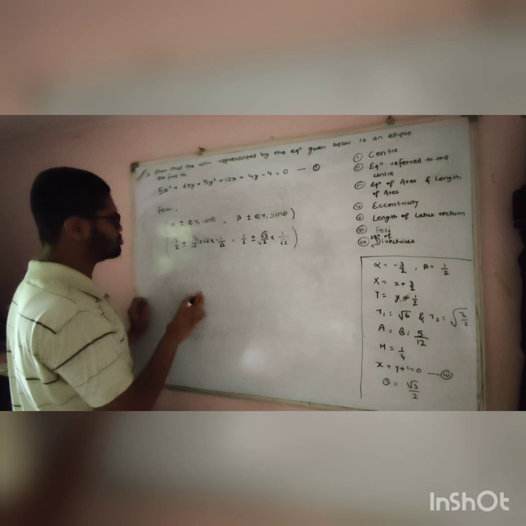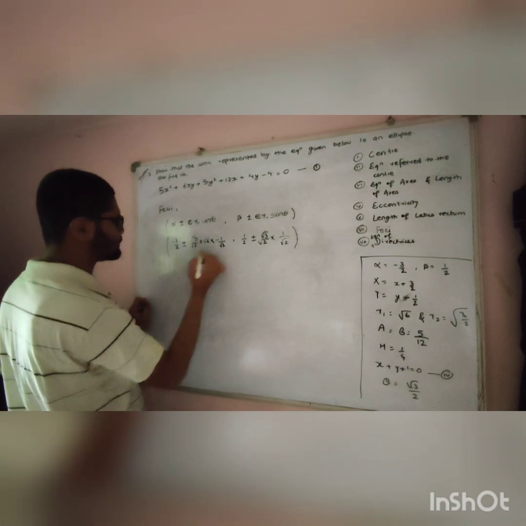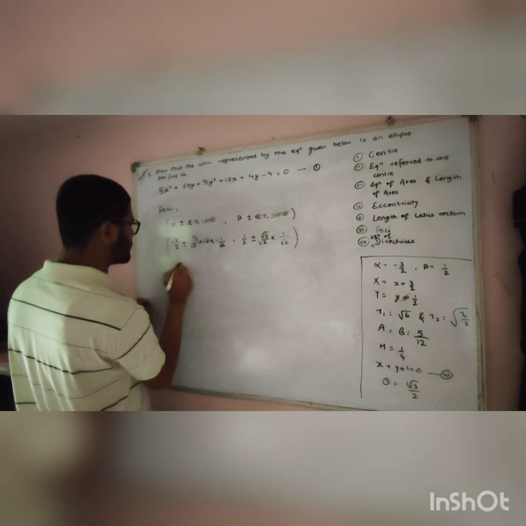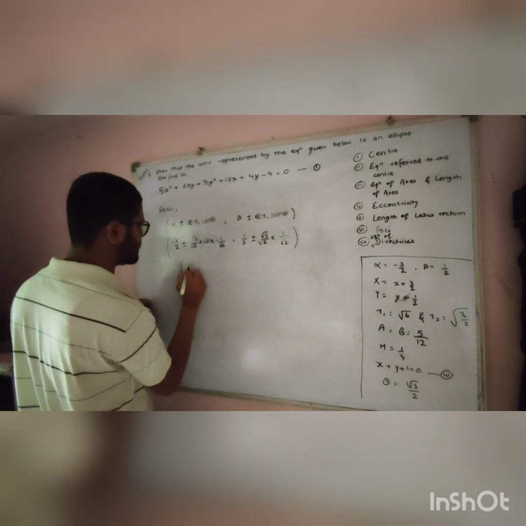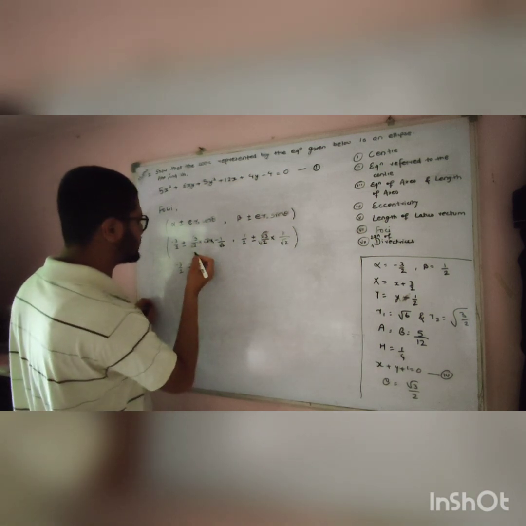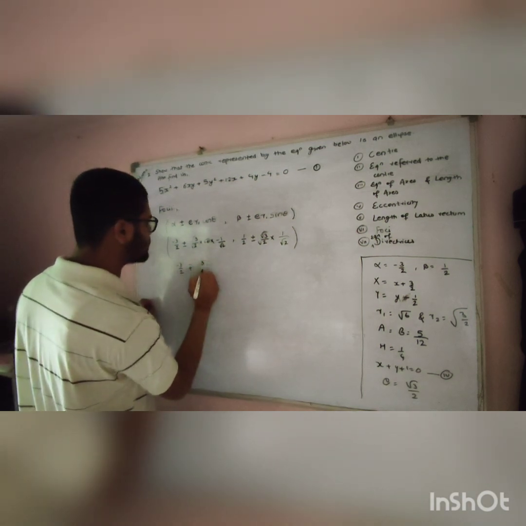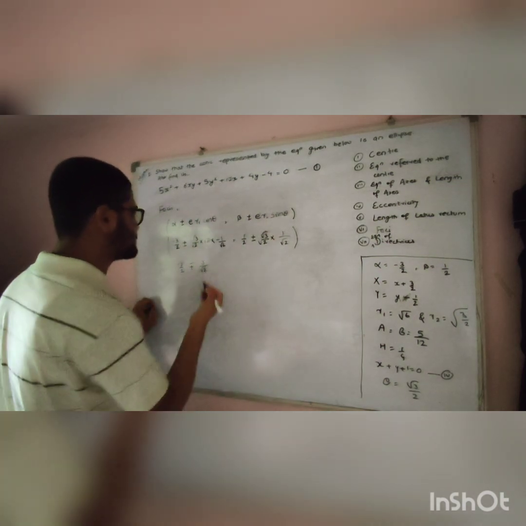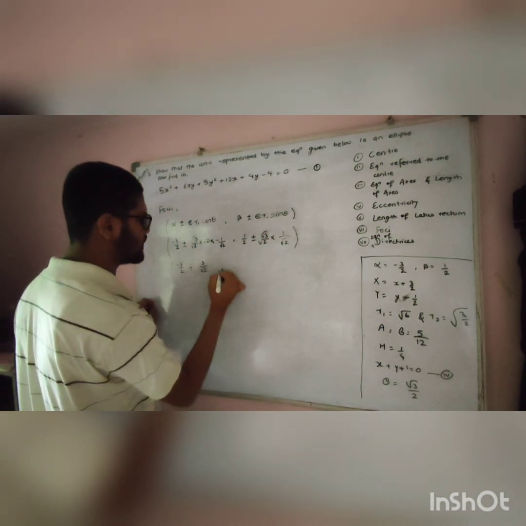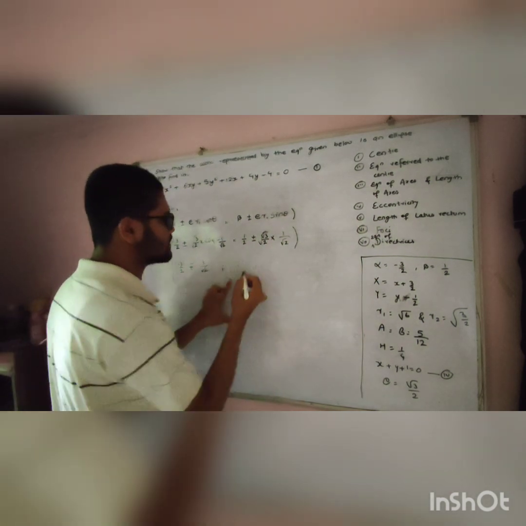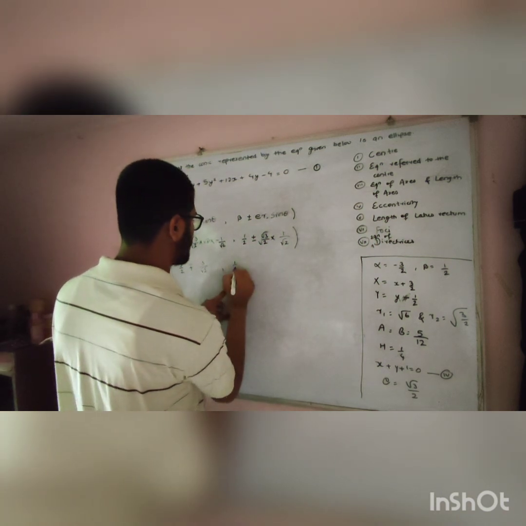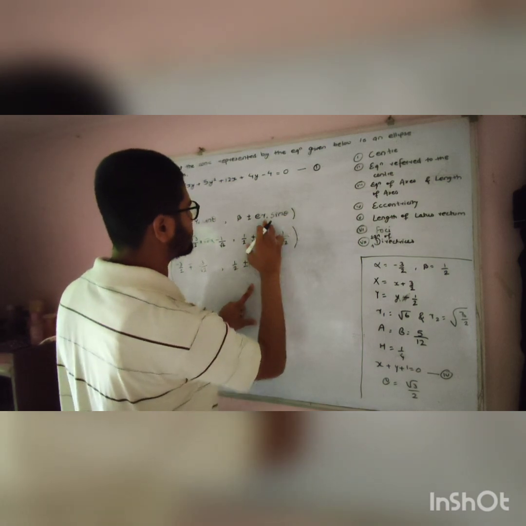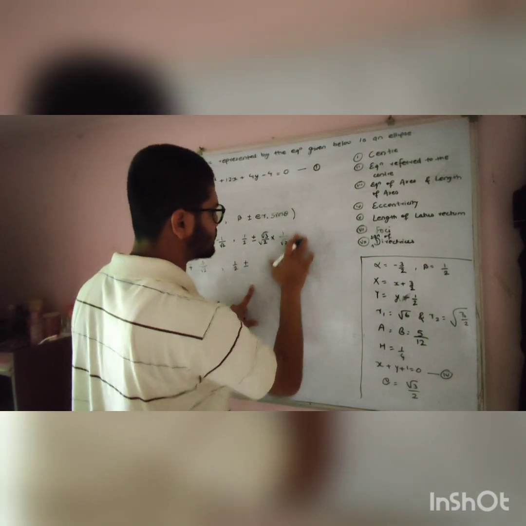So on further solving, this minus will make it minus plus, so this will be 3 by root 2. This is our x coordinate, and the other one is 1 by 2 plus minus, I forgot to write the value of r1.